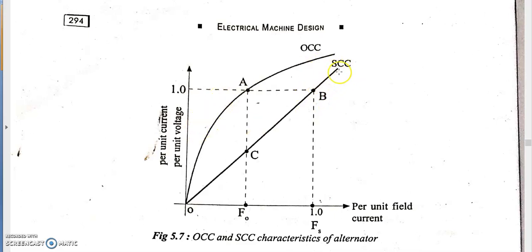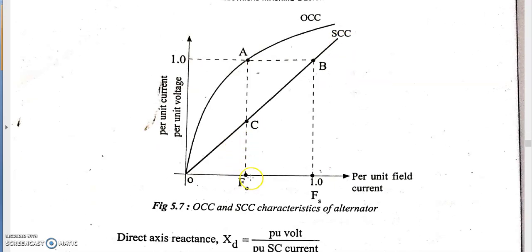This is the OCC and this is the SCC, and here O is the origin. Here we have considered the field current in per unit, per unit voltage and per unit short circuit current, or rated current of the machine. O to F0 is the field current required to circulate the rated voltage, that is 1 per unit, the rated voltage of the machine.